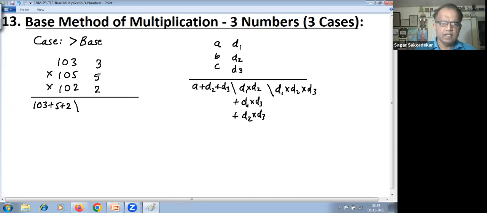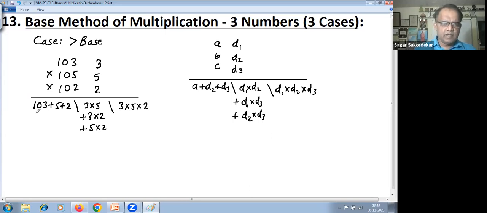Next, 3 into 5 plus 3 into 2 plus 5 into 2. And the last part is to multiply all three differences, 3 into 5 into 2.